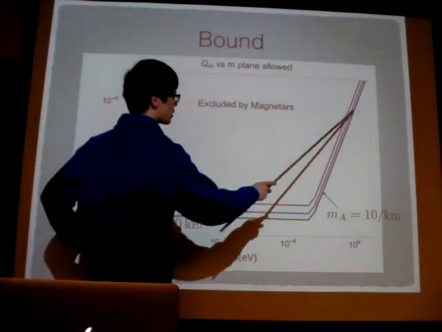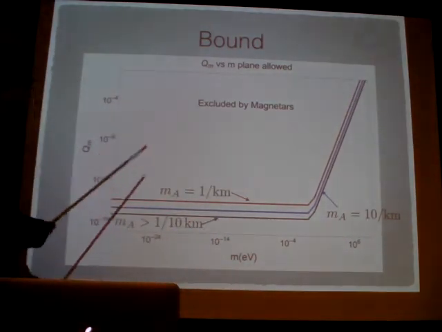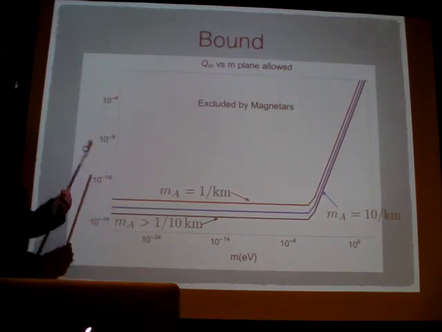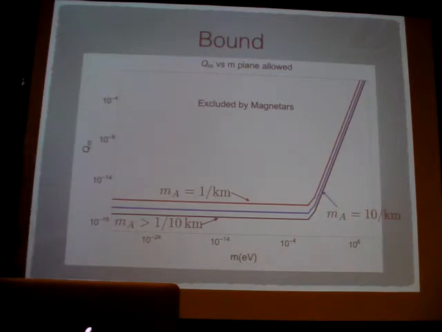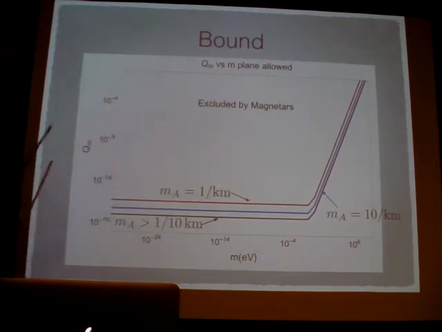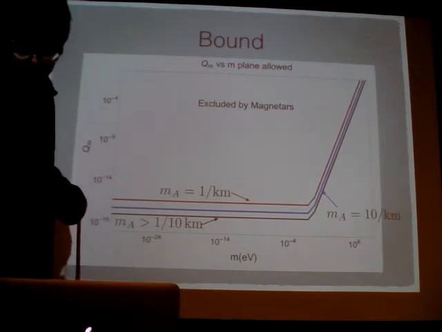So here I'm showing 3 different plots. I said, if the mass is larger than about 1 over 10 kilometers, then you're insensitive to the mass of the dark photon, or the tension of the string. And as you increase the tension of the string, the bounds become weaker and weaker, because the effective B field you feel is smaller and smaller.